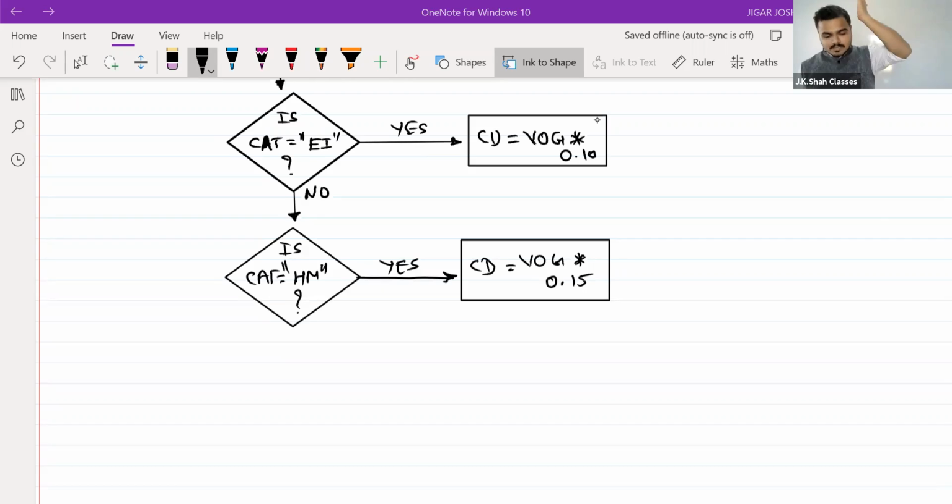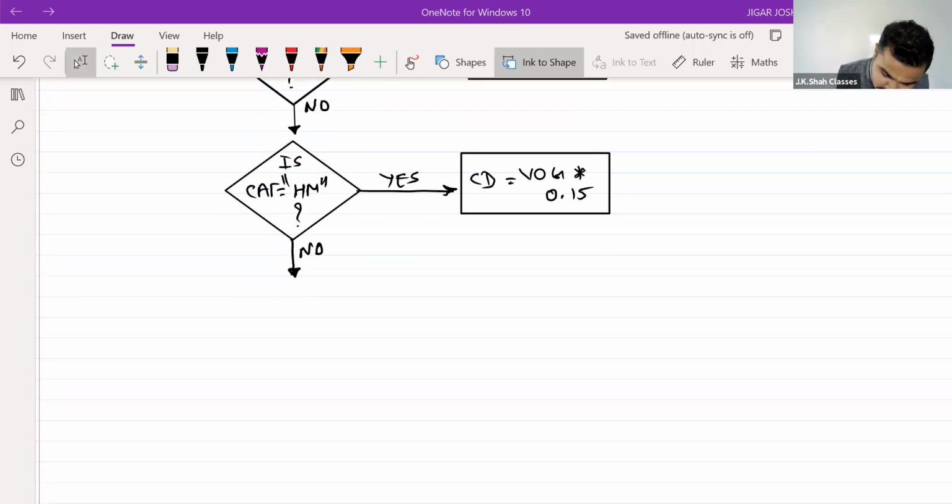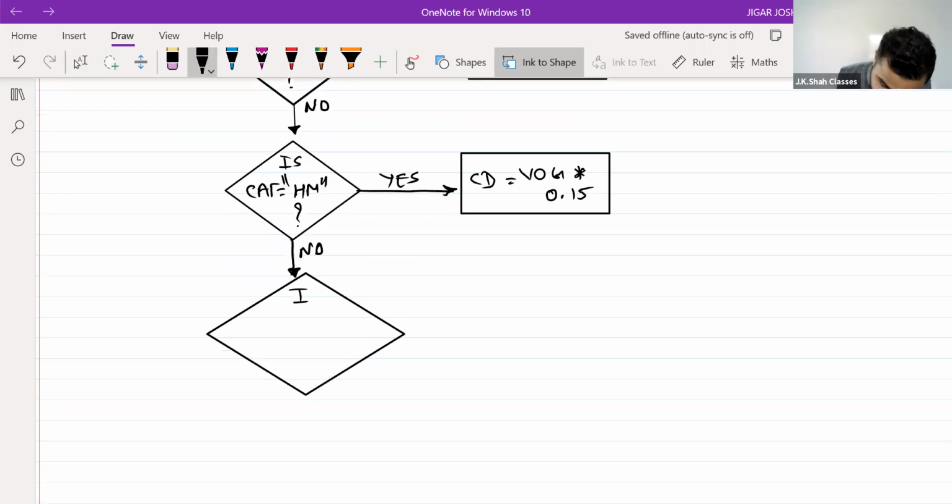Agree. Suppose, my dear students, the answer is no. Then one more decision box, and we'll ask: is category equal to footwear items, question mark?